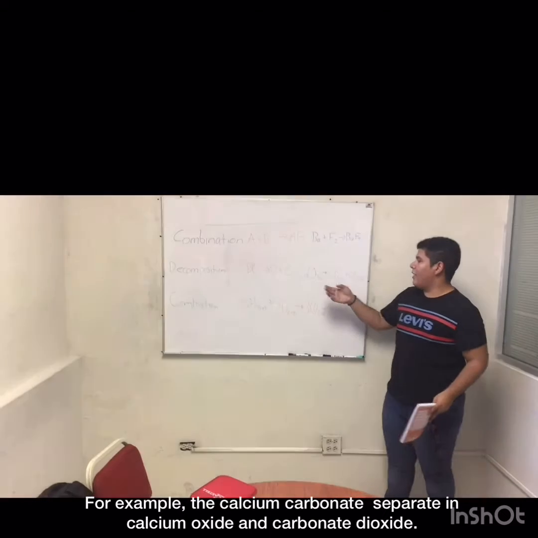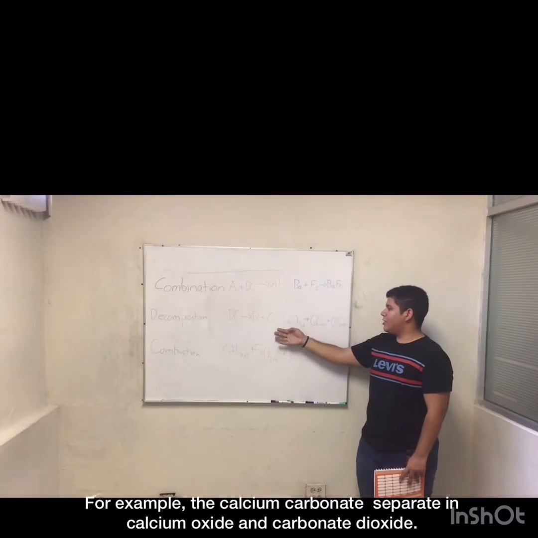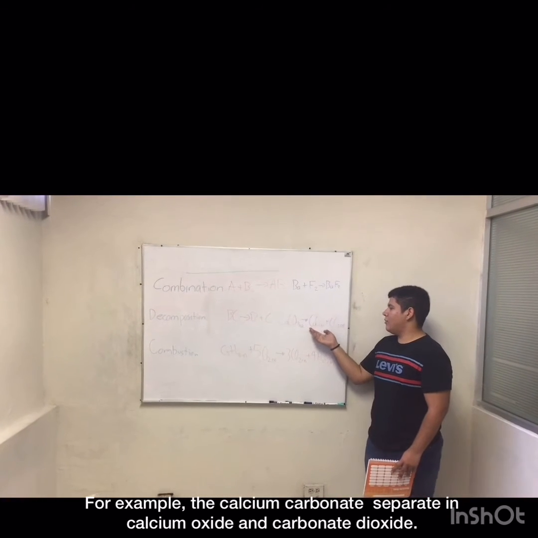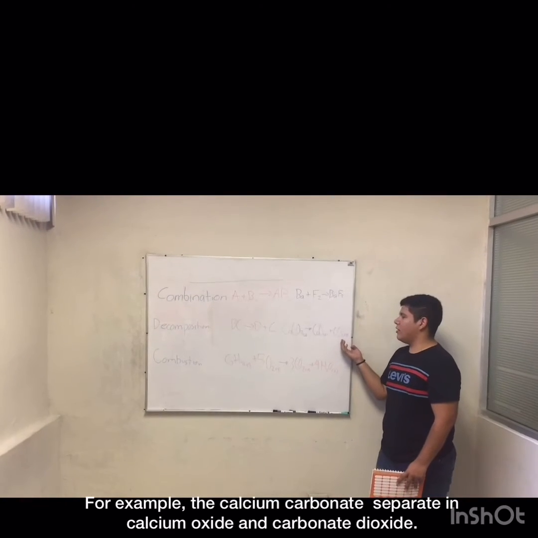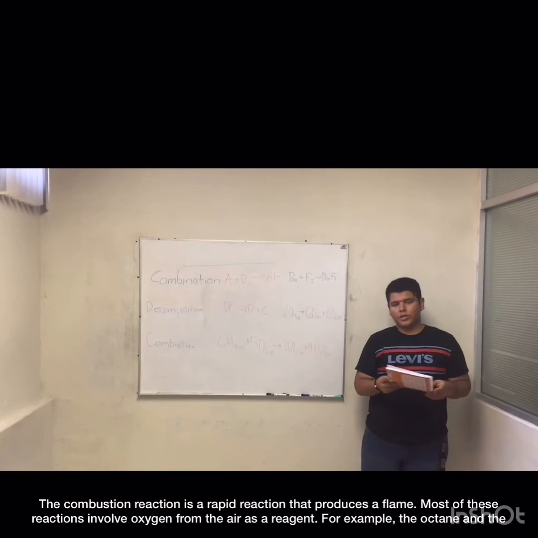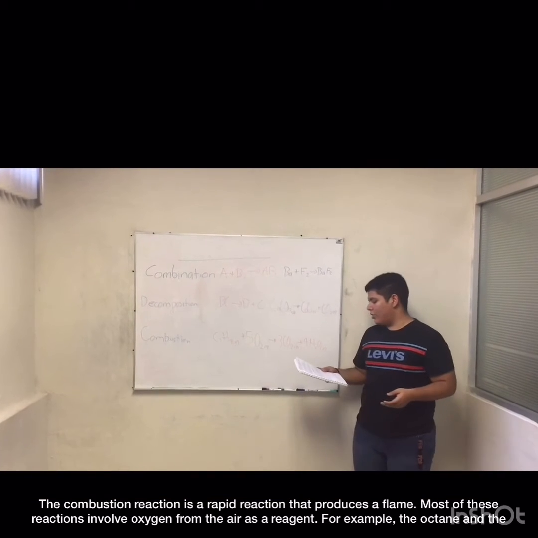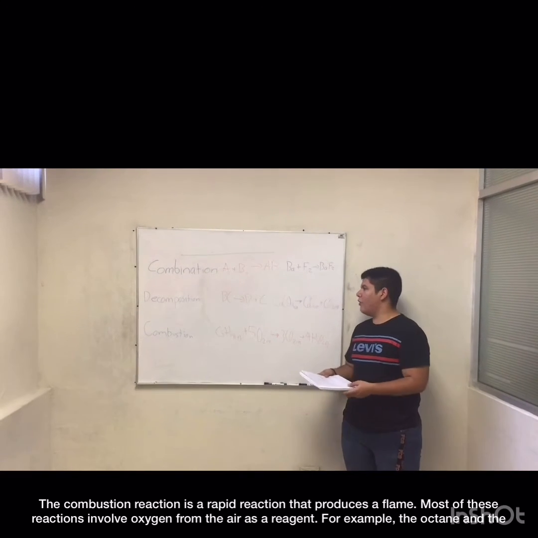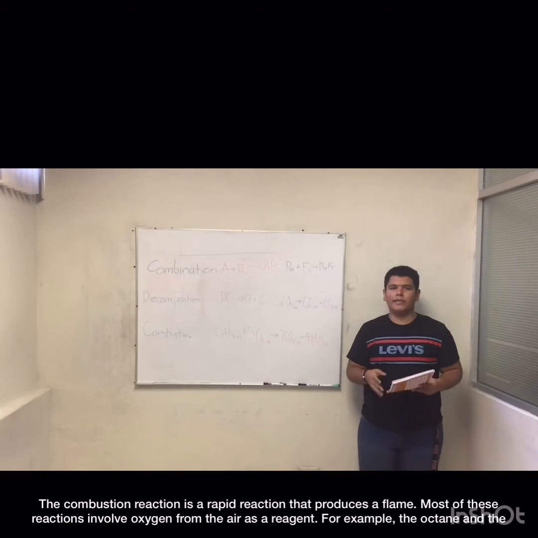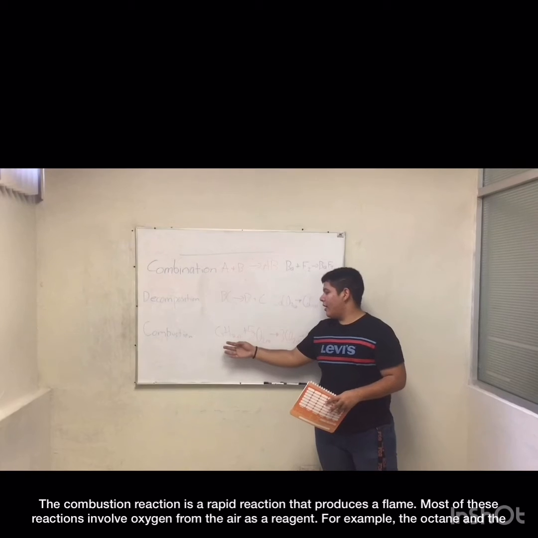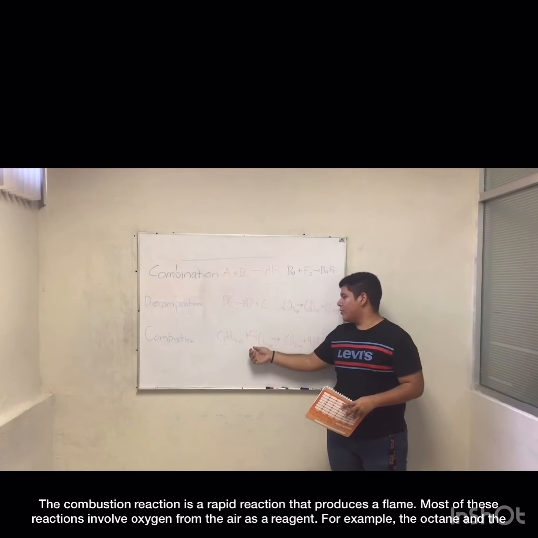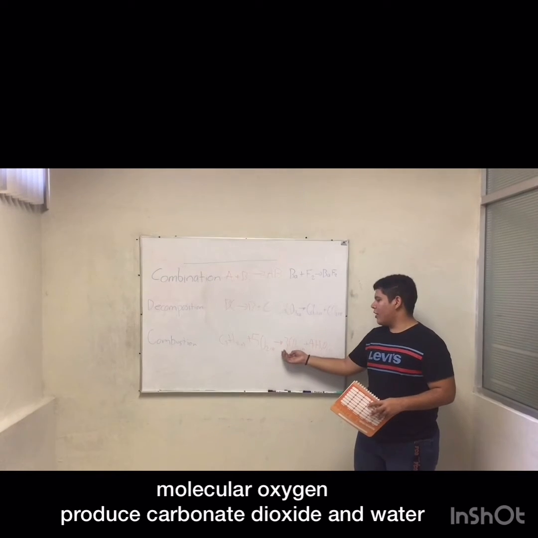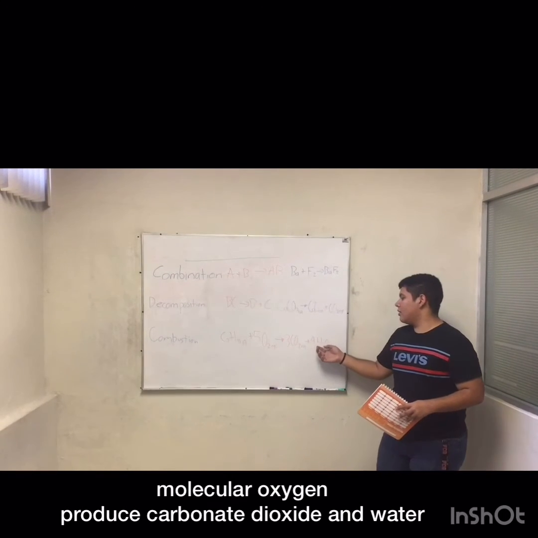For example, calcium carbonate separates into calcium oxide and carbon dioxide. A combustion reaction is a rapid reaction that produces a flame. Most of these reactions involve oxygen from the air as a reagent. For example, hexane reacts with molecular oxygen to produce carbon dioxide and water.